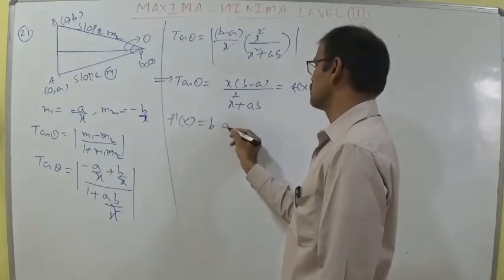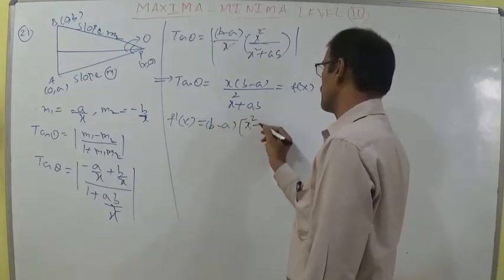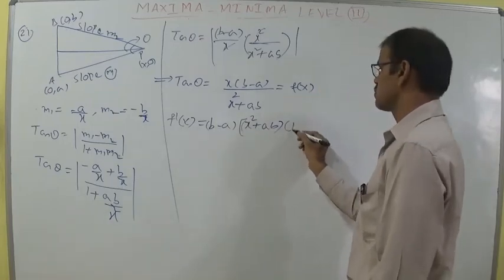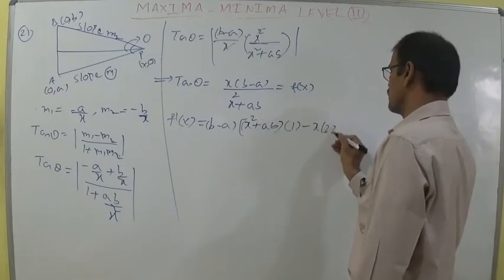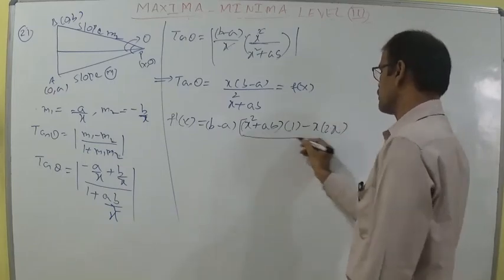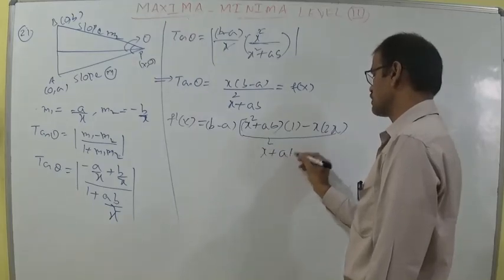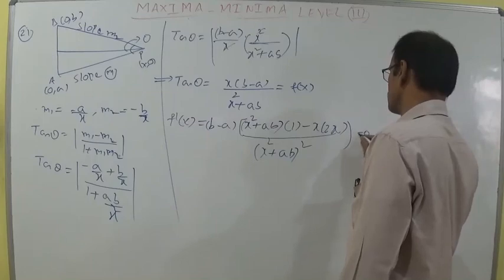Take (b minus a) common, and by the u by v method we proceed as (v u dash minus u v dash) by v square: (x square plus ab) into 1 minus x into 2x, whole by (x square plus ab) whole square, equal to 0.